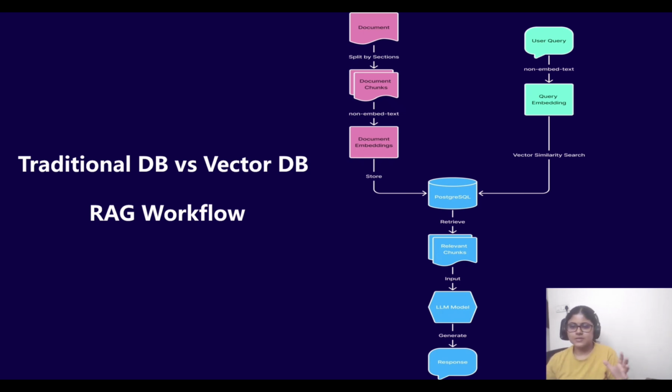All of this data is scattered, but these are the relevant chunks that I need, and they are accumulated and fed to the LLM, and then the LLM is able to generate a good response that I, as a human, can interpret as: okay, actually this is the answer. So this is how the exact RAG workflow goes, and if you're designing one, you can follow the same thing.